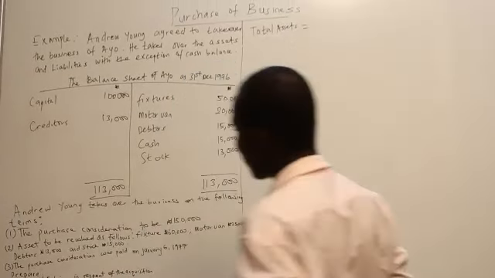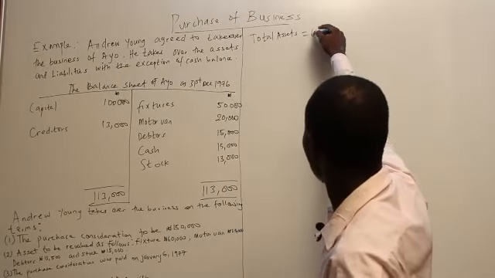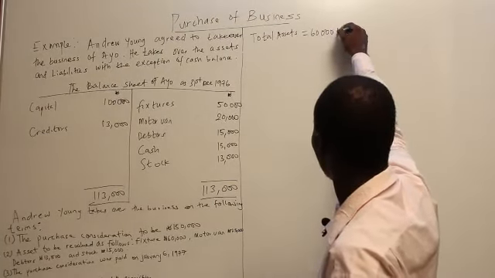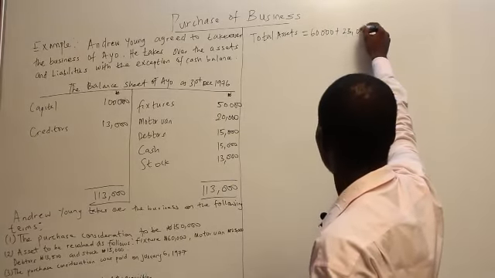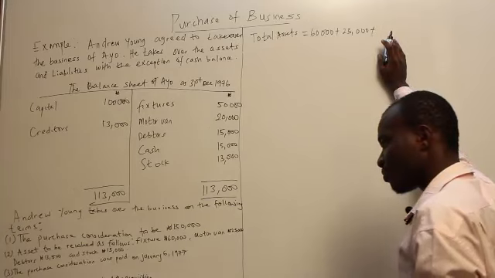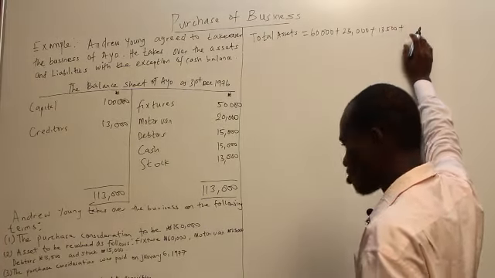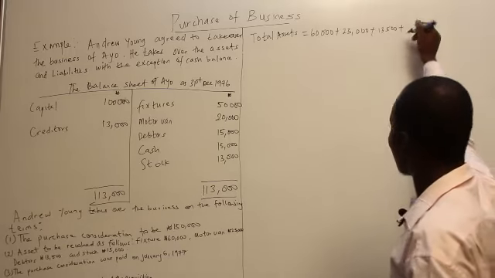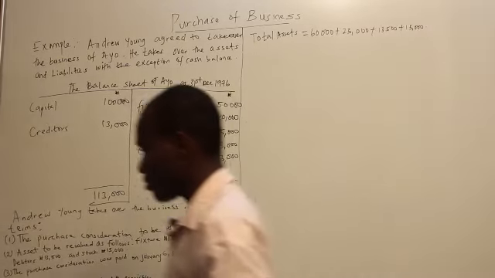Total assets taken over by Andrew Young are the fixtures, 60,000 naira, plus the motor van, 25,000 naira, plus debtors, 13,500, plus stock, 15,000 naira.